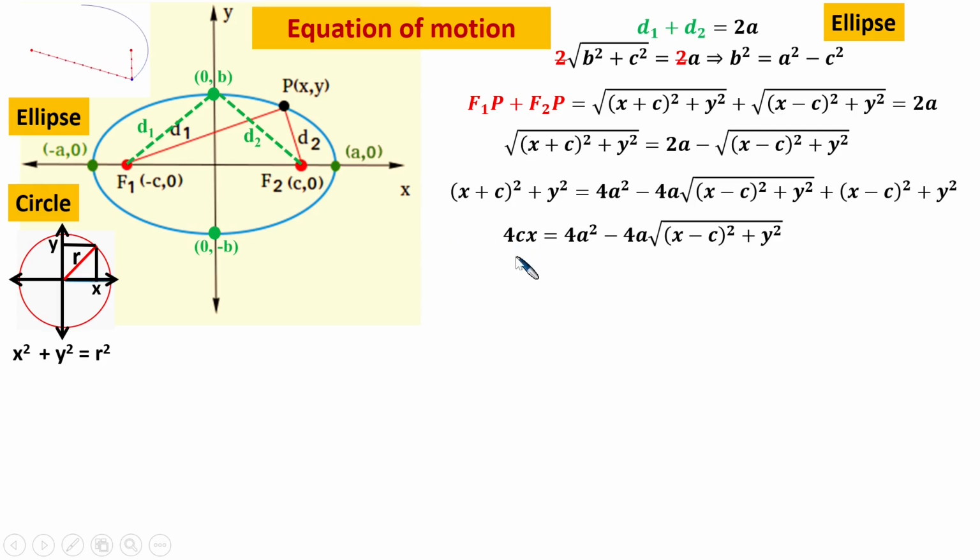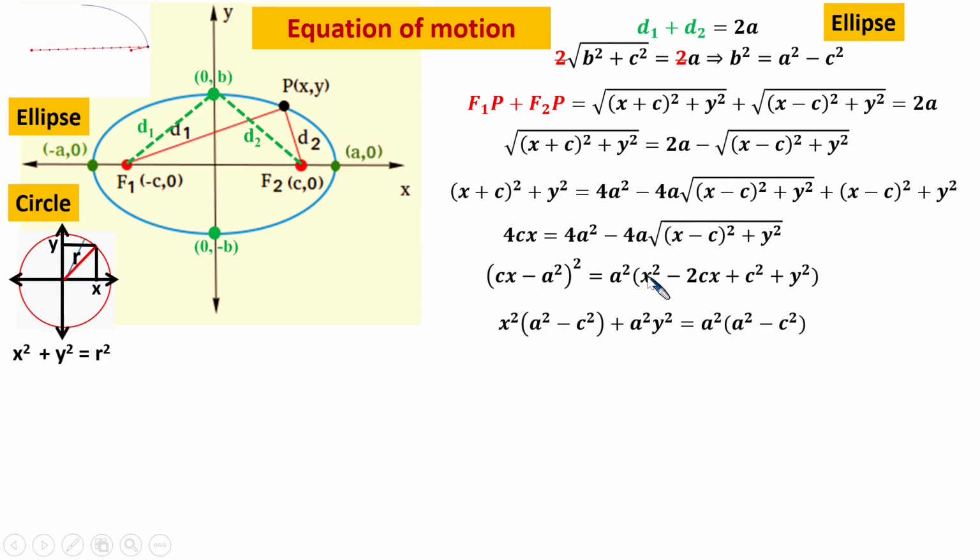Now you just rearrange it, the 4s will get cancelled, and you will have cx minus a square equal to this. Now square this, the square root will go, and this will become a square. Similarly, you simplify it, bring all the x square terms to one side and the y square terms and the constant terms here. So you will get something like this, and you divide by a square b square, you will get x square by a square plus y square by b square equal to 1. So this is the equation for the ellipse.